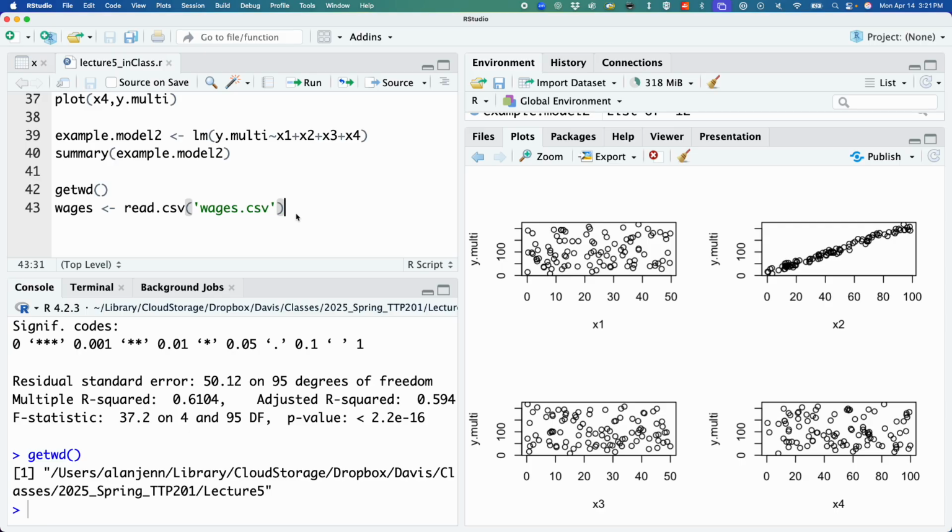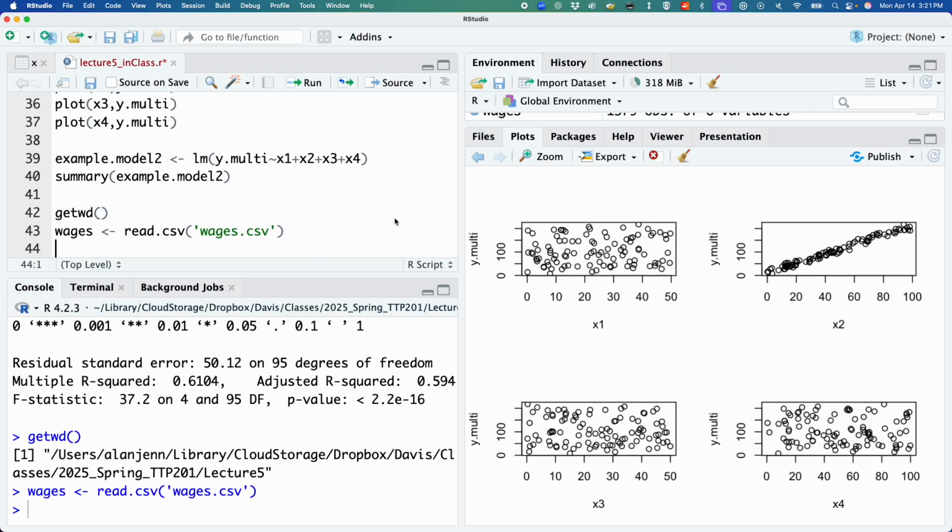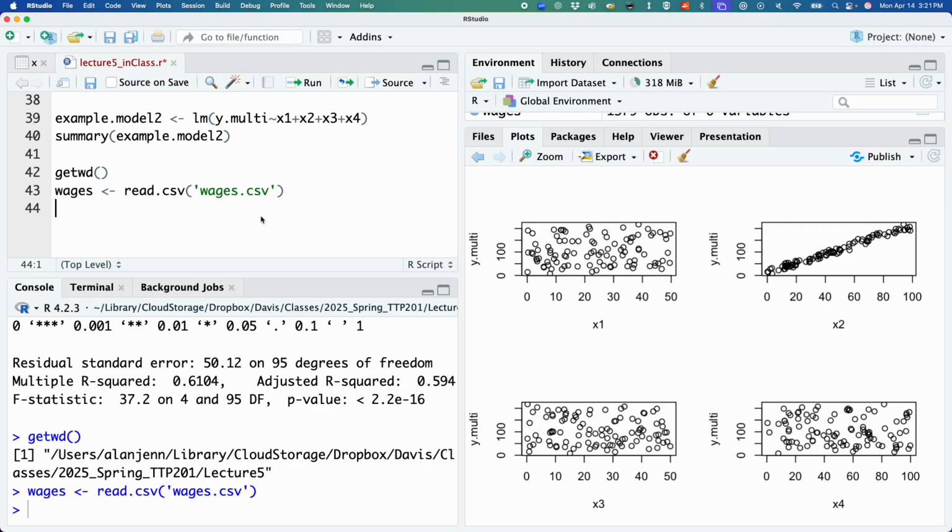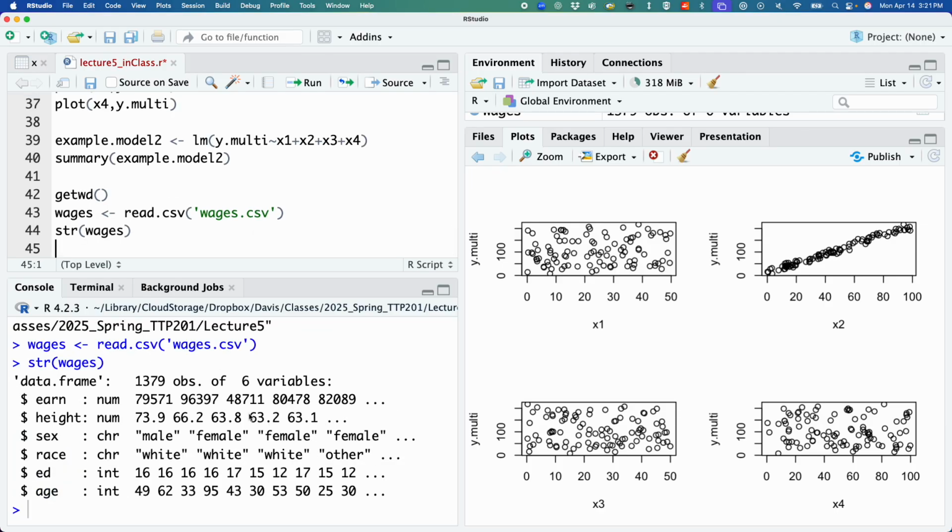Anyways, I'm going to read in this file, a data set called wages, and look at it using the structure function to see what is in here.